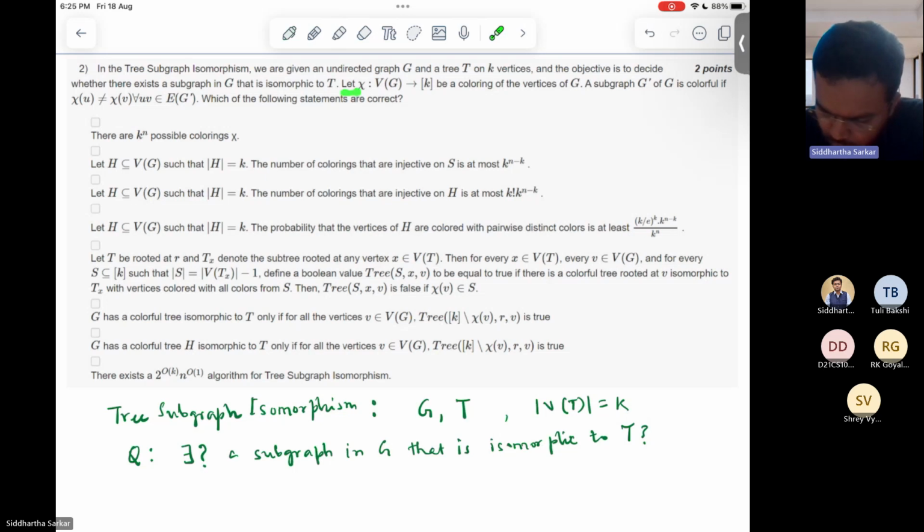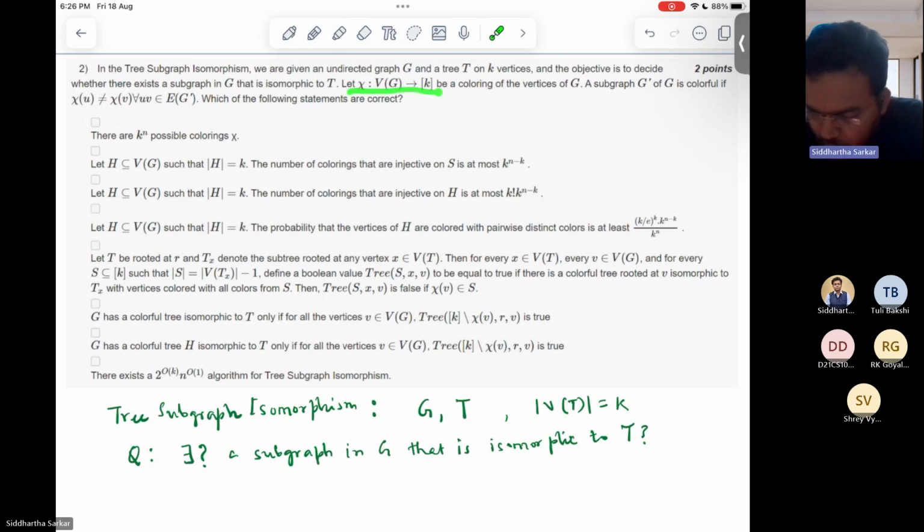It is saying that let there be a function chi. So chi is a function from the vertex set of the graph to the set of natural numbers from 1 to k. Such a function is called a coloring. Basically this function is assigning to every vertex in the graph some number between 1 and k. That number can be thought of as a color.